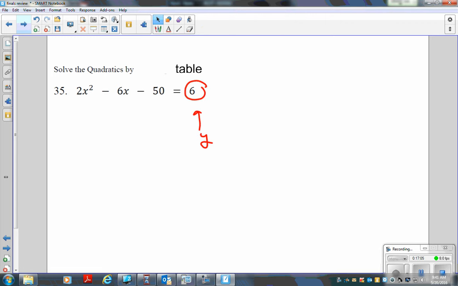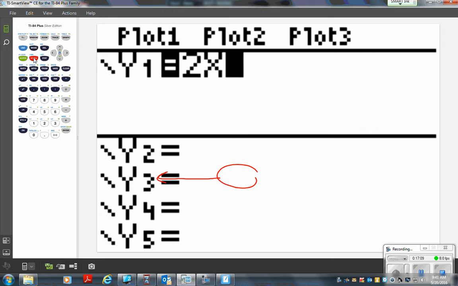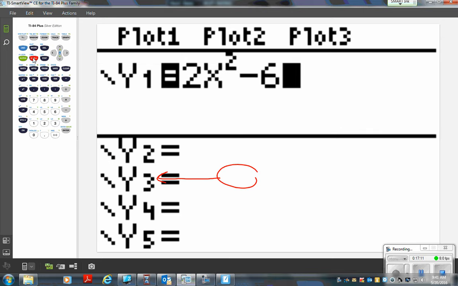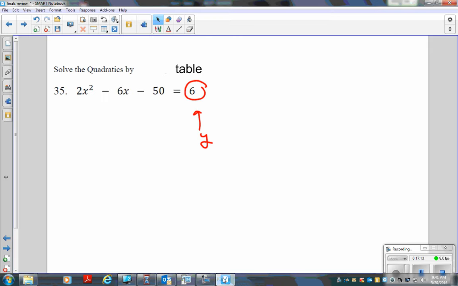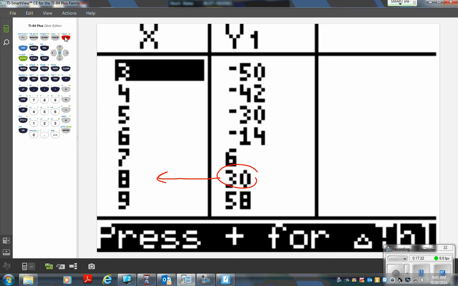So 2x squared minus 6x minus 50. All right, here's the first one.